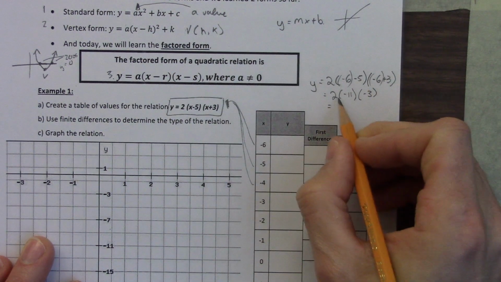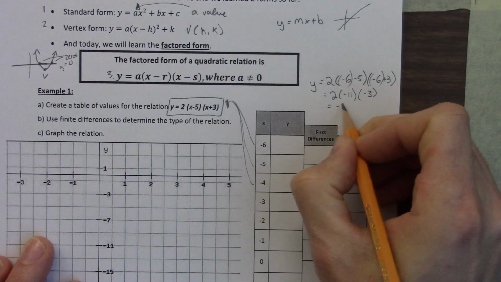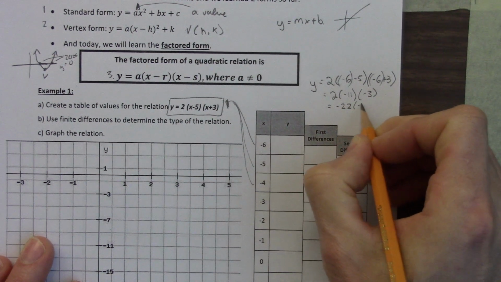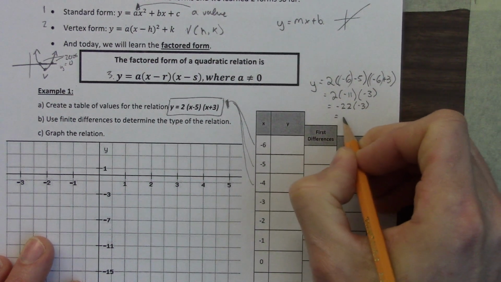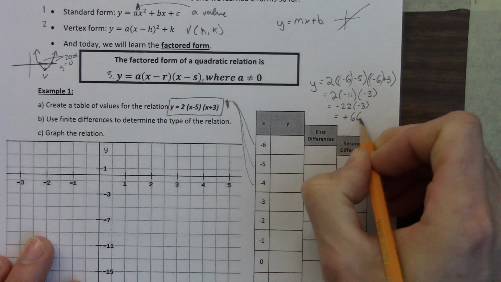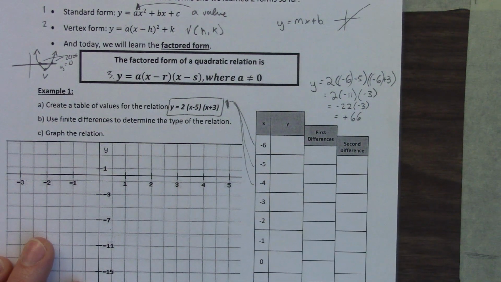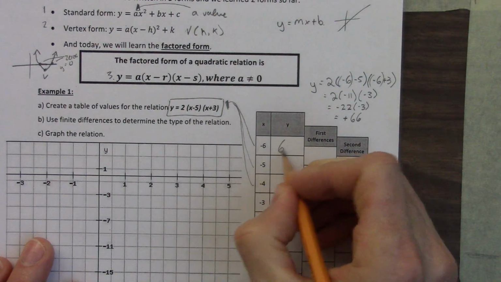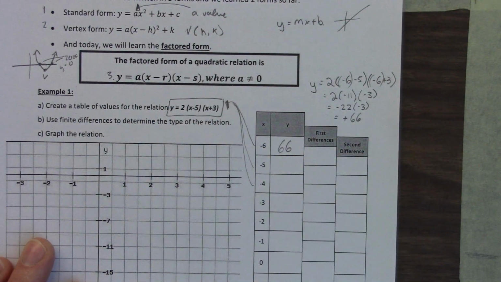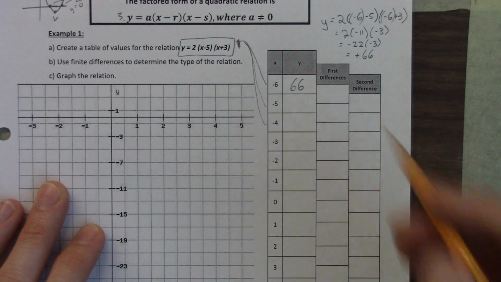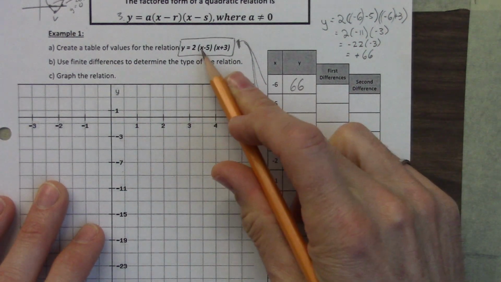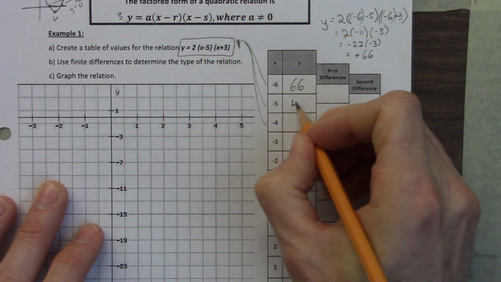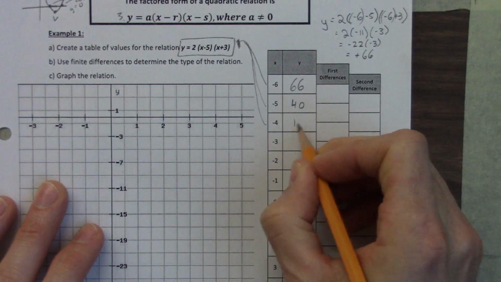Now I have 2 times negative 11 is negative 22, times negative 3 is equal to positive 66. Okay, so here I would write 66. You're going to do the same thing with negative 5. You're going to substitute it in here, and you're going to get these values.